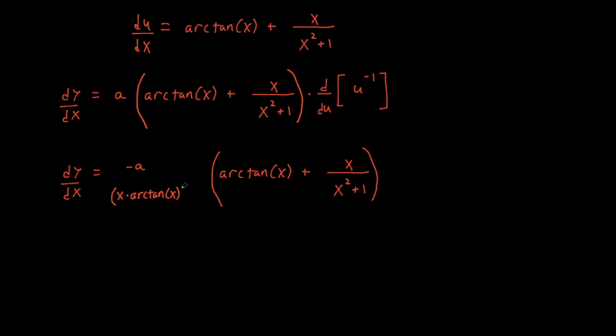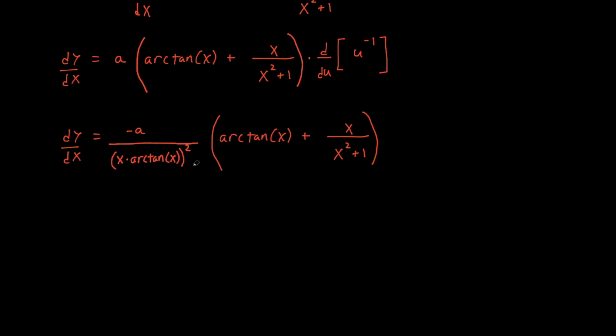And remember it was u squared, so all of that gets squared. Where are we going to move from here? Well, first let's rewrite this x times arctangent of x squared as x squared times arctangent of x squared.